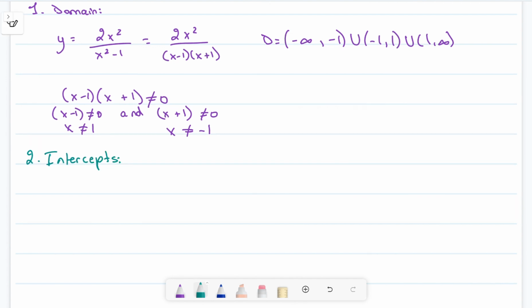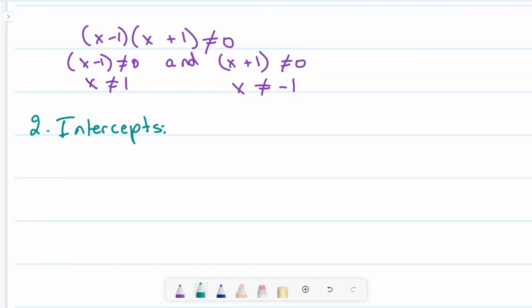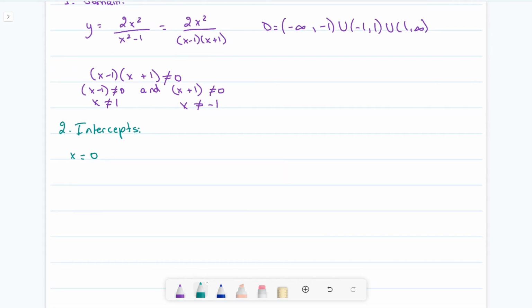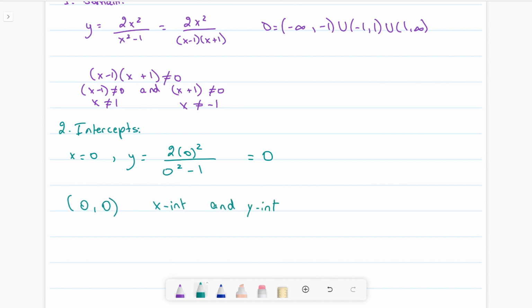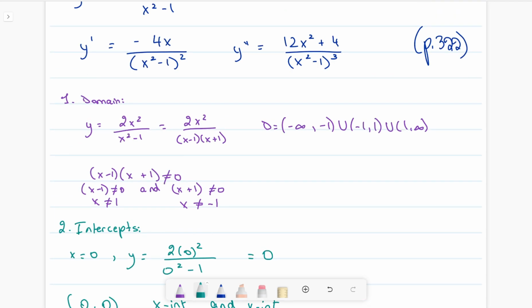For intercepts, let's start with the y-intercept. So when x equals 0, y equals 2 times 0 squared divided by 0 squared minus 1, which is equal to 0. Therefore, this is our intercept 0, 0. This is both the x-intercept and the y-intercept because both x and y are 0.